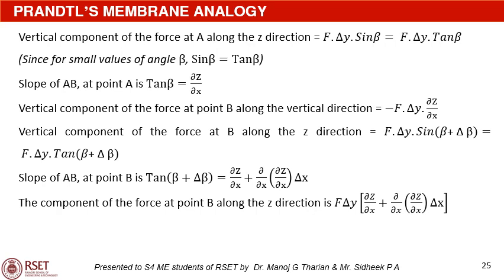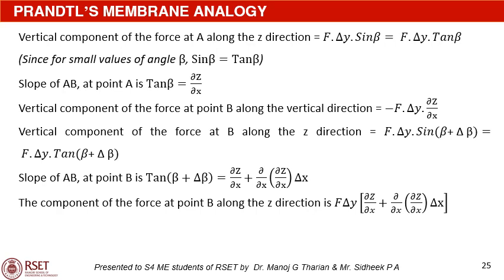The slope at point B for the curve AB is tan of beta plus delta beta, which is equal to slope at point A plus variation of dou z by dou x with respect to x into delta x. That is, tan of beta plus delta beta is equal to dou z by dou x plus dou by dou x of dou z by dou x into delta x.